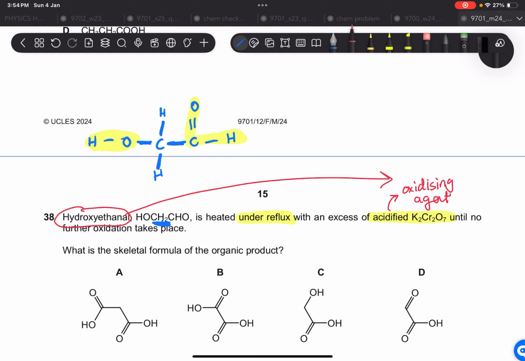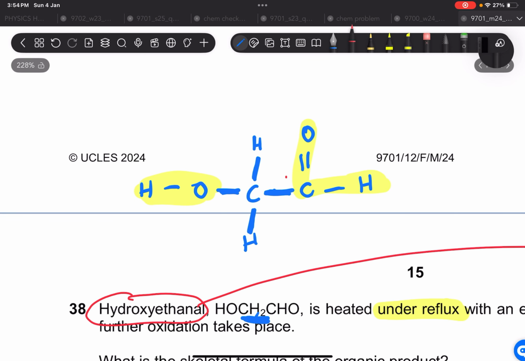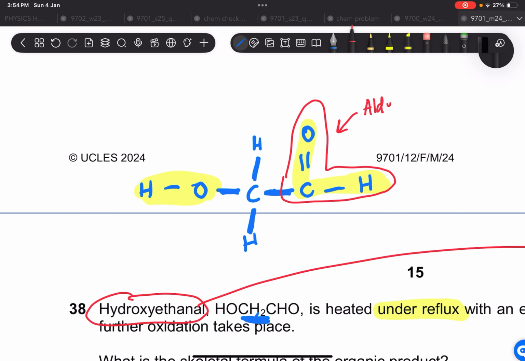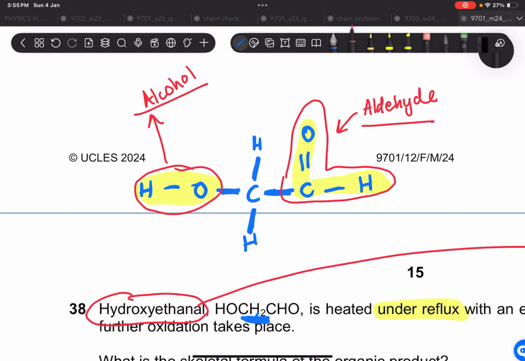Simple, we have an oxidizing agent. Now what are the two functional groups? We have an aldehyde functional group. This one right here is my aldehyde functional group, and this one right here is my alcohol functional group. Now I'm heating both of them, or I'm oxidizing both of them. What kind of alcohol is this?